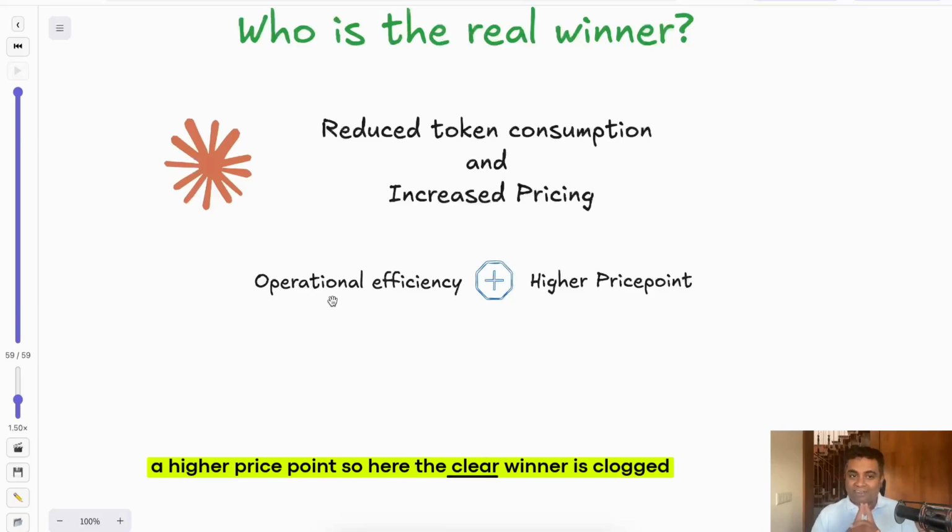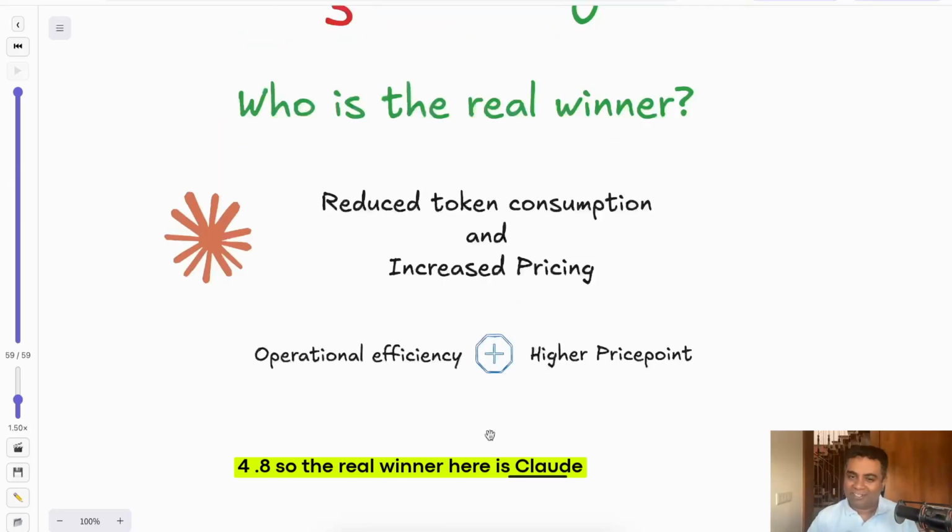So here the clear winner is Claude, because operational efficiency increases its margin, and a higher price point will directly increase its top line. It's like this baker who reduces the size of the bun and charges more for the same bun. So the real winner is not you, me, Fable or Opus 4.8. The real winner here is Claude.